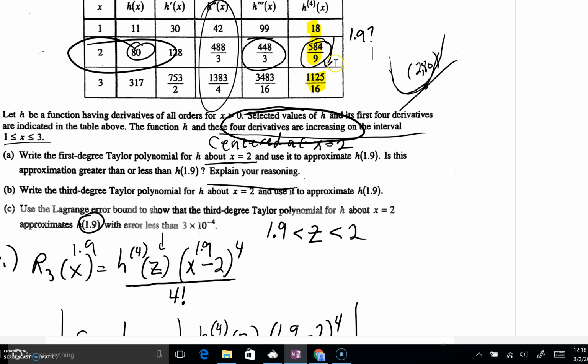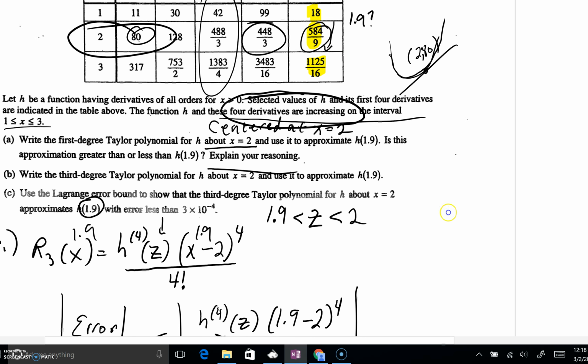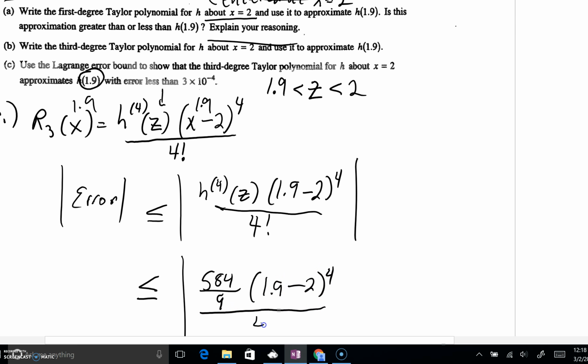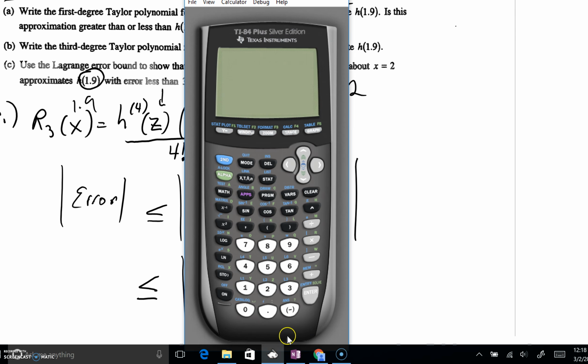So what I can do is plain and simply this. Worst case scenario, I'm going to assume that this can only get as large as 584 all over 9. It's actually less than that. It truly is less than that. But now you just work this thing out, and it's going to be your error bound.